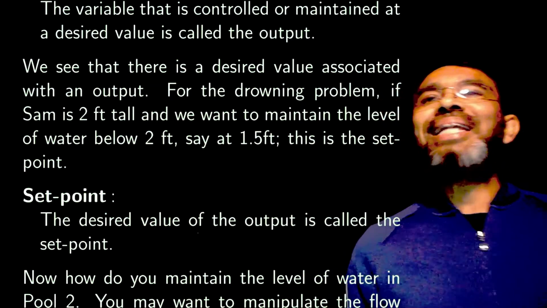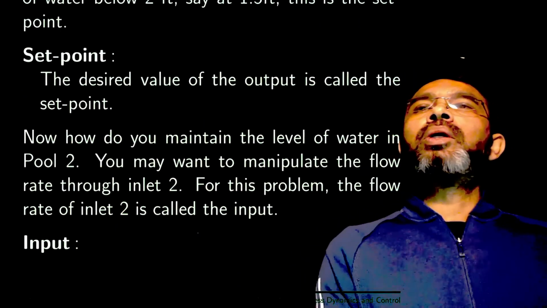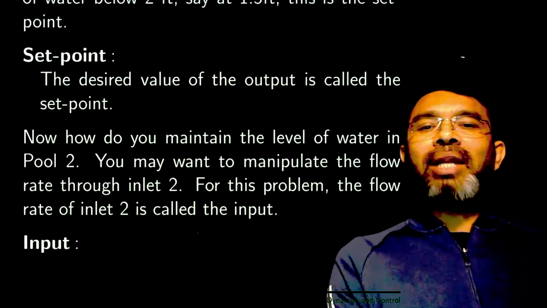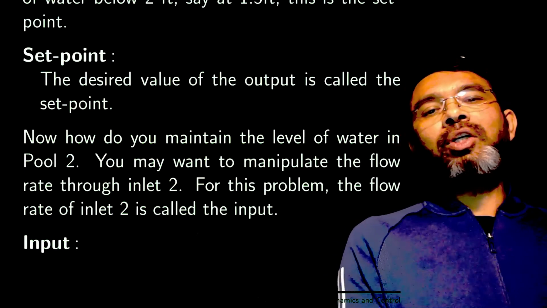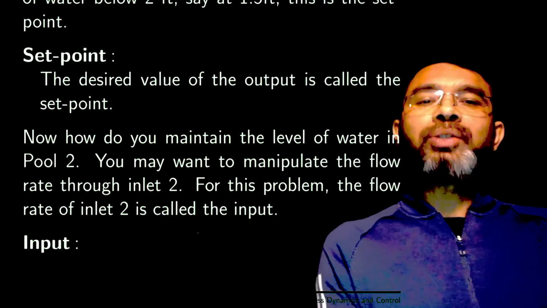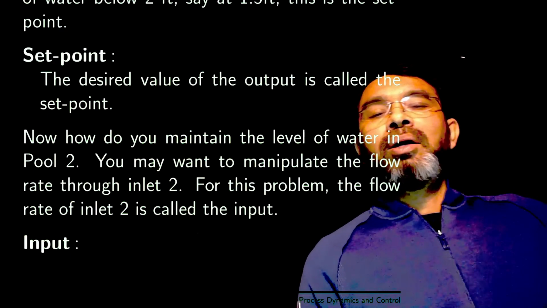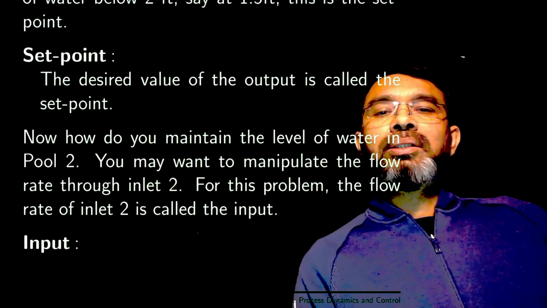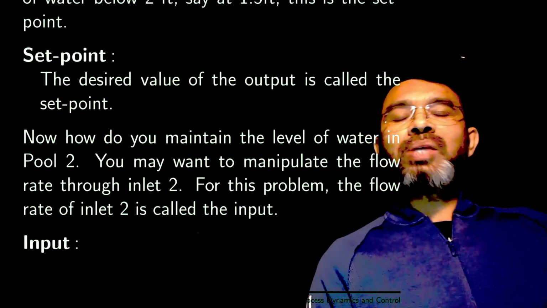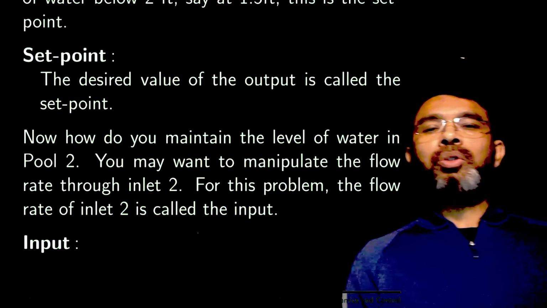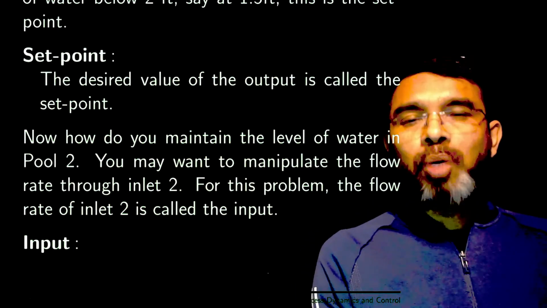Now to maintain the level of liquid in pool 2, you need to manipulate some valve, meaning that you need to manipulate some flow into the water. In that case, we see that the flow coming in through pool 1 is really causing the overflow to increase, but we have a second input to pool 2.